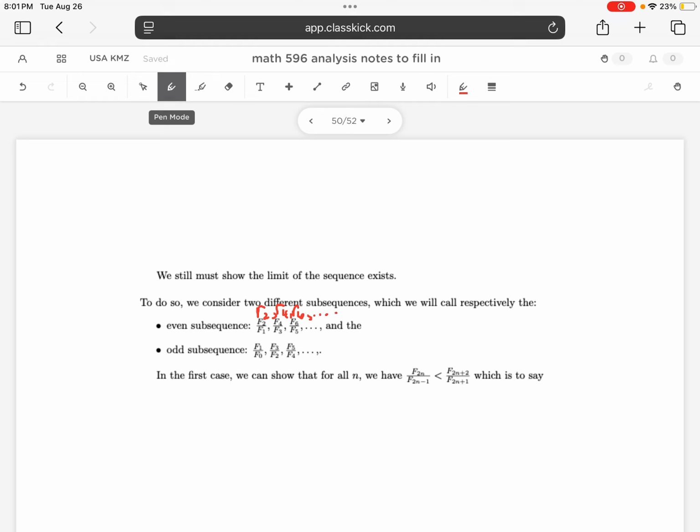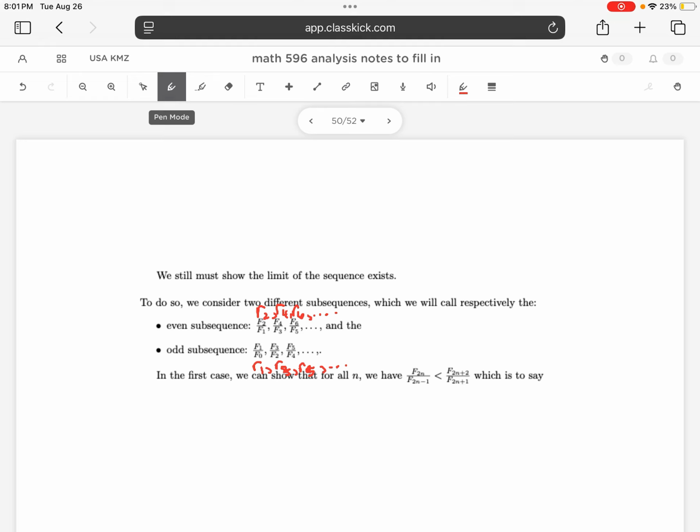So we're just picking out every other term of the original sequence starting at the R_2 term, whereas the odd subsequence is going to start with R_1, R_3, R_5, and so on. So it's every other term starting with R_1 instead of starting with R_2.